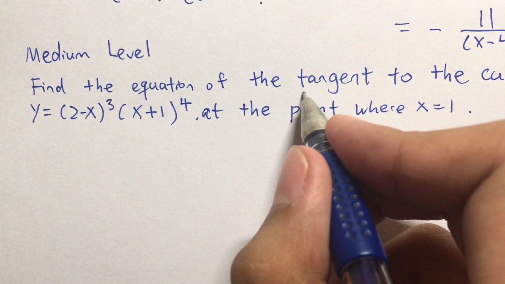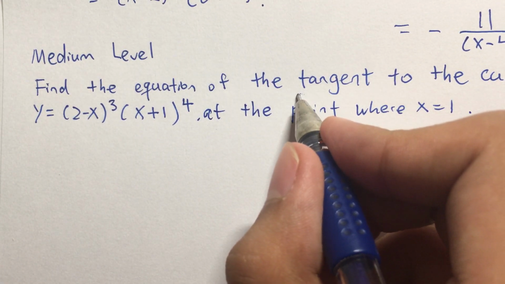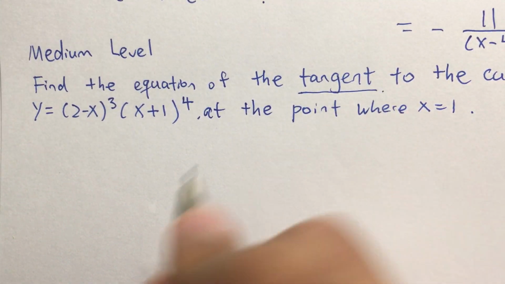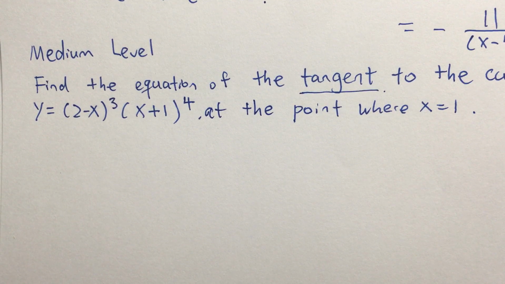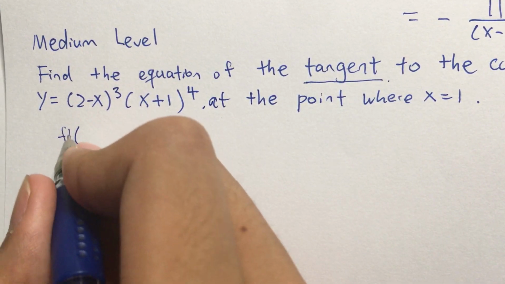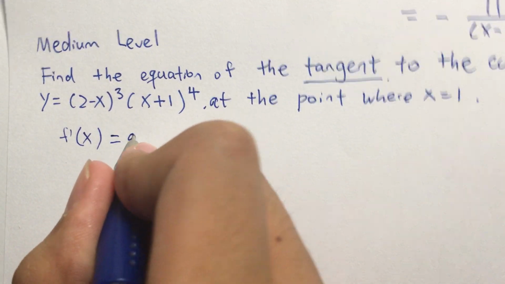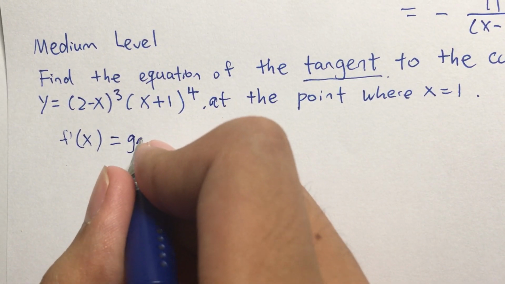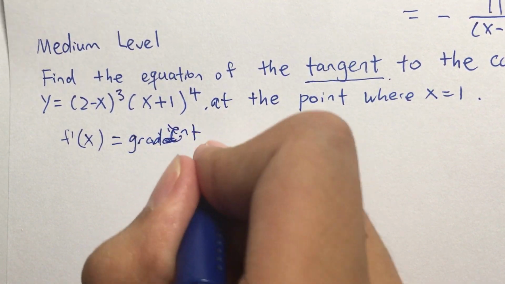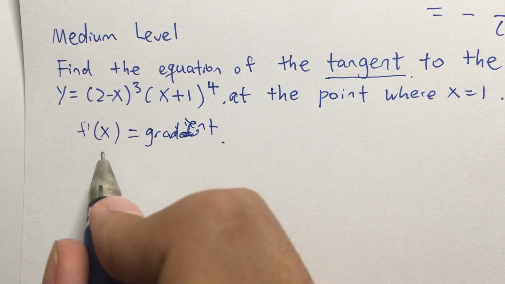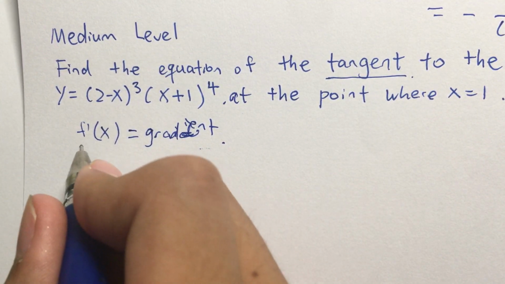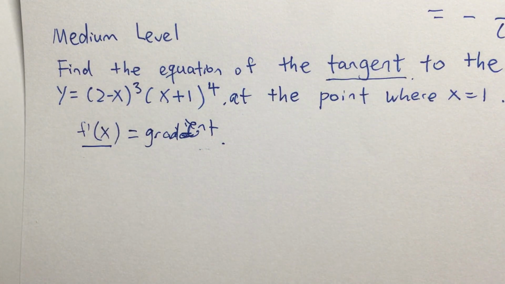Because we learned in AS, you need to understand what the tangent means. The gradient f dash x is our gradient, and because we want to find the tangent, we need the gradient, so we should try to find f dash x.